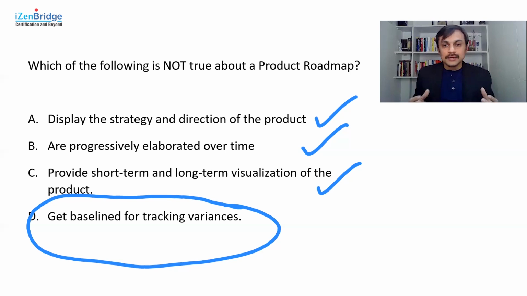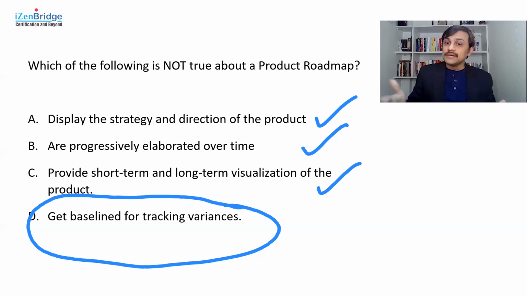You may track things which are detailed plan, which have a detailed agreement. Say you may have a planned release date, and you may want to track variances against that planned release date, but you don't usually get value by tracking variances against the roadmap because roadmaps are made with high uncertainty at a very high level, which has an ambiguity attached.